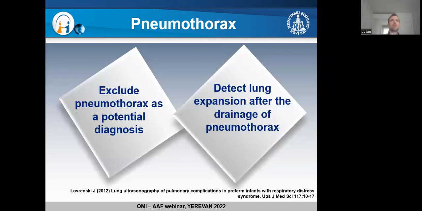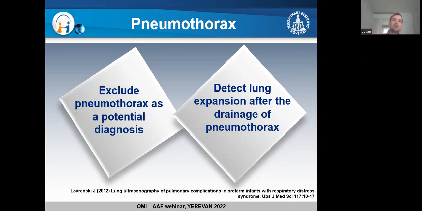When we talk about pneumothorax, and when you're a beginner, honestly, you really have to have guts to say, yeah, this is definitely pneumothorax based on lung ultrasound. Sometimes it's not that easy, and it comes to you over time. It's not a problem. Experience does that for you.